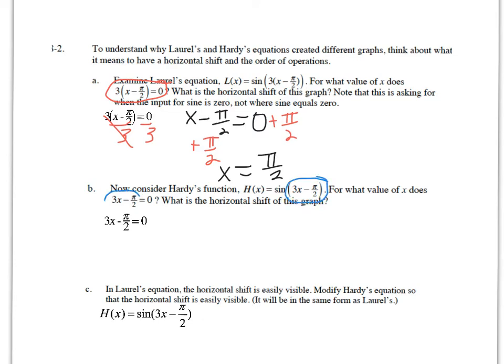Where is everything inside the sine equal to 0? So start by adding pi over 2 to both sides.